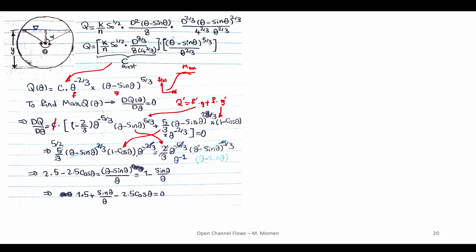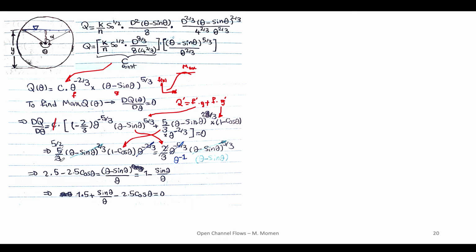Second, as you see, these green parentheses are also going to cancel out, so I'm only left with theta minus sine theta to power 1. Again, 2/3 and 5/3 are going to cancel out, and I'm going to get 5 half.